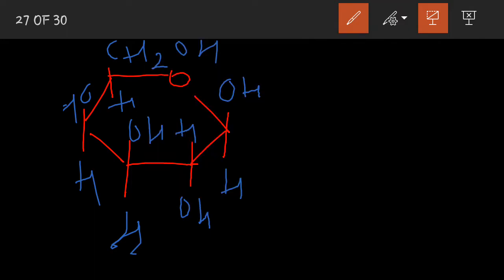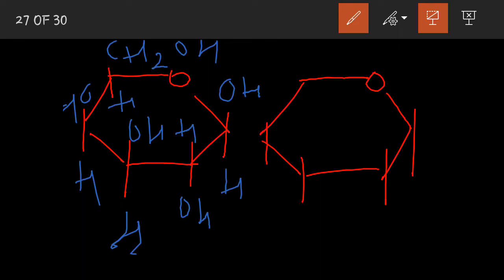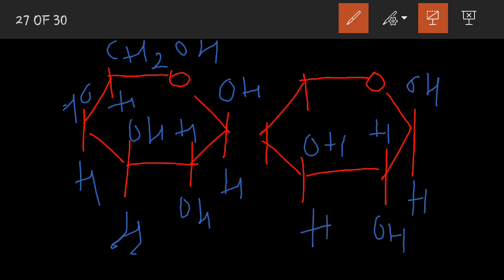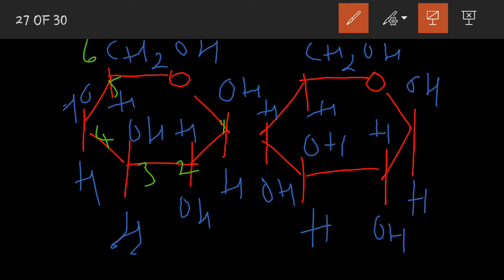Now on the side, let us write beta D plus glucose. Come on, beta D plus glucose. Tell me the positions. Beta D plus glucose: OH, H, H, OH, OH, H, H, OH, and here CH2OH, H. Now number the carbons: 1, this is 2, 3, 4, 5, and here 6.